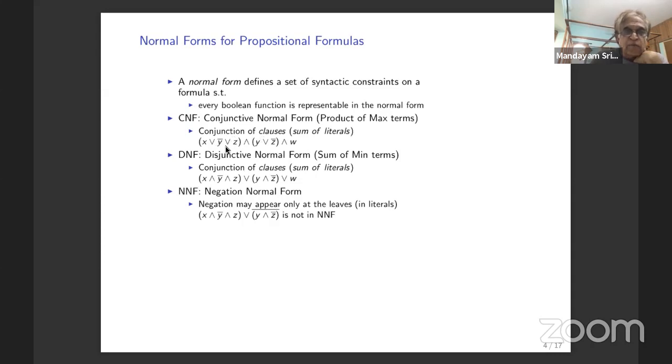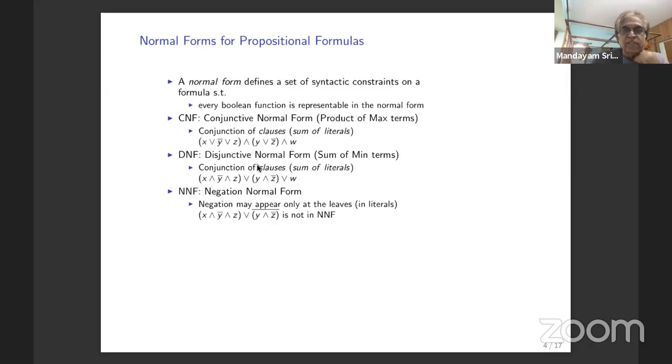It's a conjunction of clauses where every clause is a disjunction of literals, and a literal appears either positively or in negated form. So that is the CNF form.